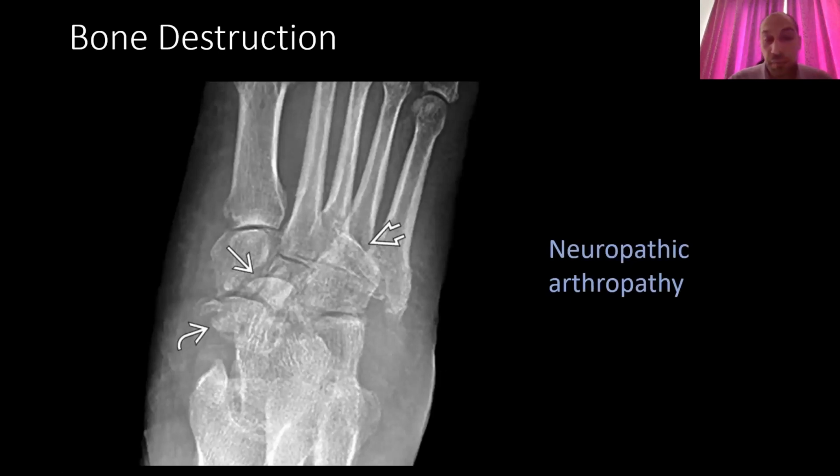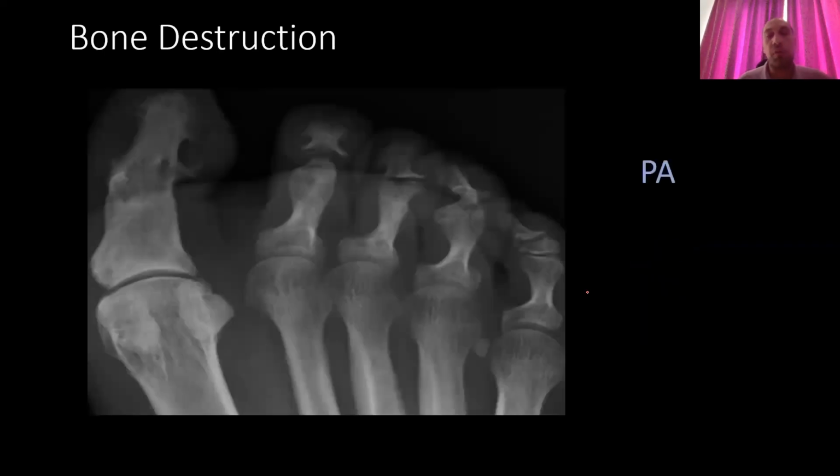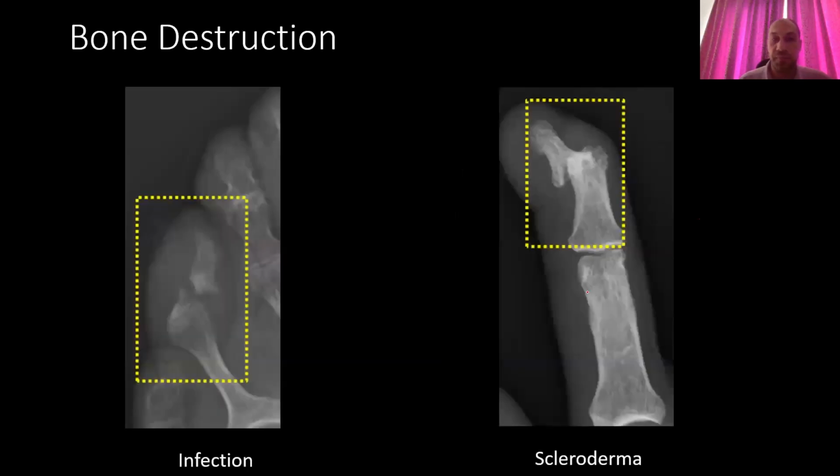The target is the midfoot, especially the tarsometatarsal joint, the Lisfranc joint, and the intertarsal joints, associated with deformity and debris. So the deformed bone destruction is associated with neuropathic arthropathy, rheumatoid arthritis, and arthritis mutilans, which is one of the variants of seronegative arthritis.